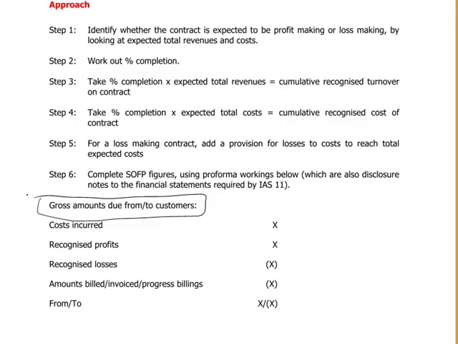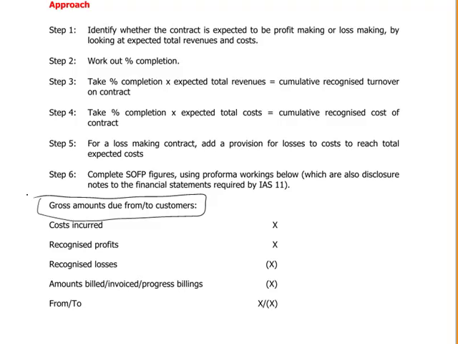So when there are gross amounts due from customers, I'll go through how we calculate that. Due from customers means you have a receivable in the top part of your statement of financial position. If you end up with gross amounts due to customers, I guess you can say they would be liabilities in the bottom half of your statement of financial position.